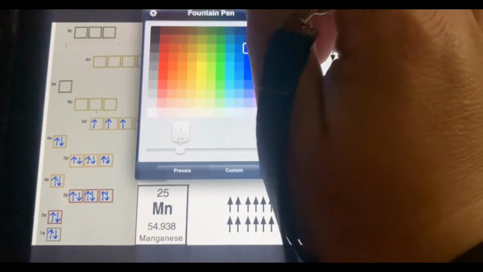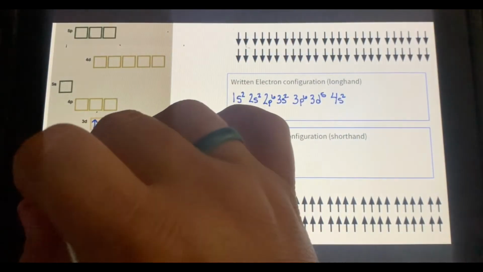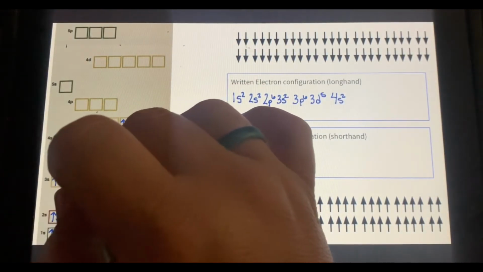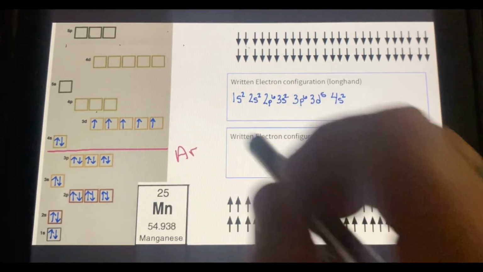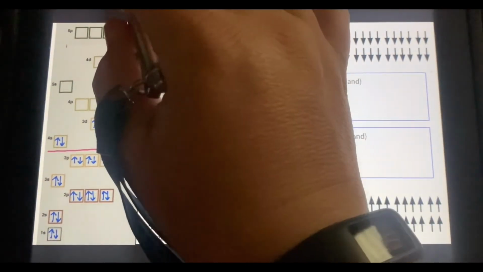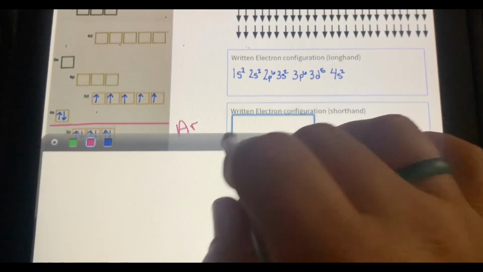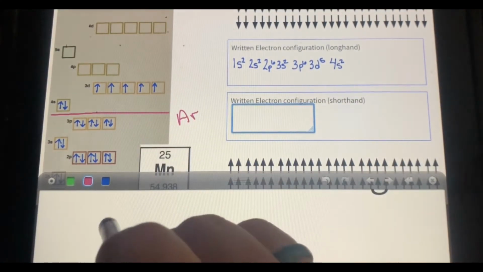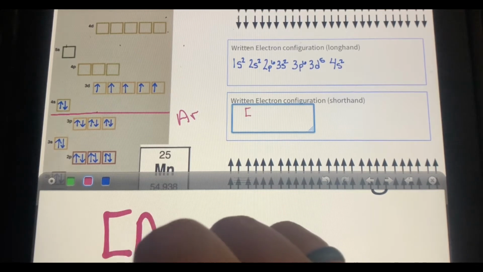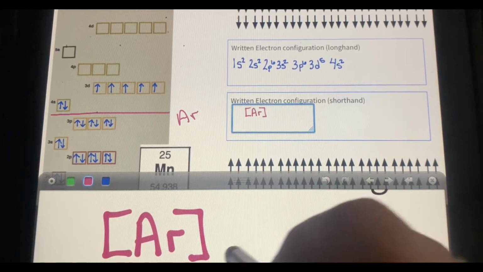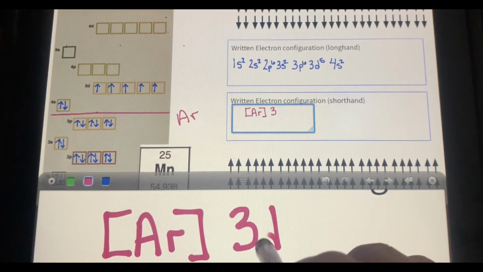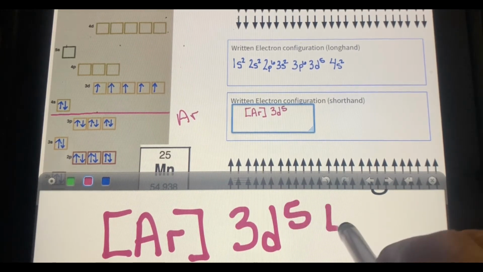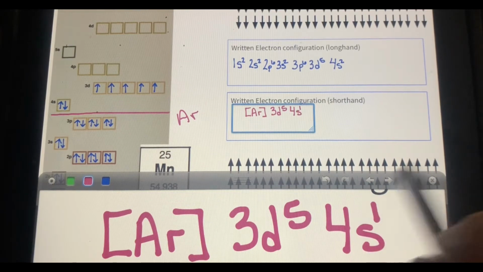Now, what helps some of my students, I'm going to change to a different pen color, is some of my students actually would draw a line right here, because that's argon's configuration. And now, what I'm going to do, square bracket Ar, and then I write everything above it. 3D5, 4S2.